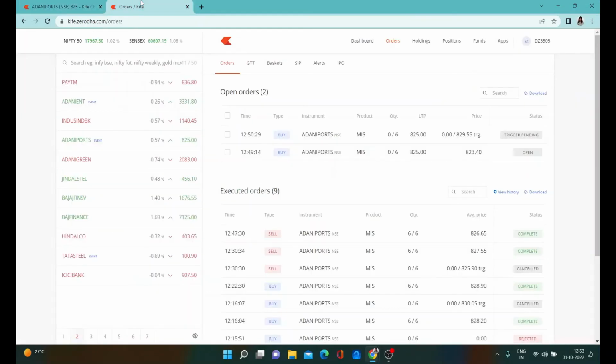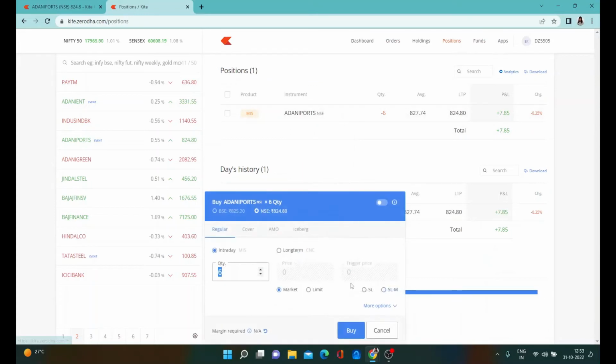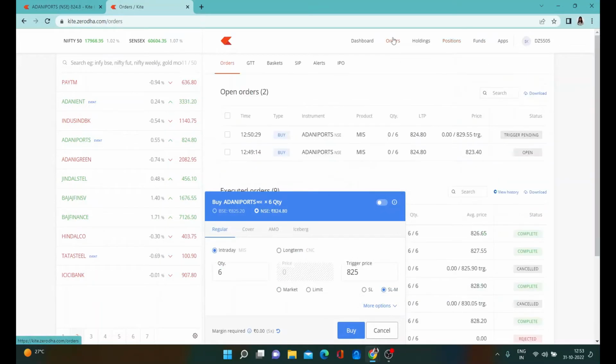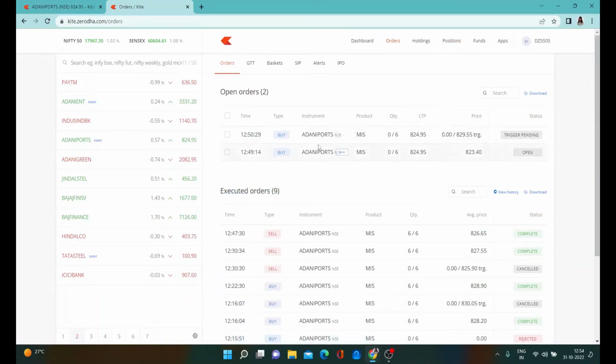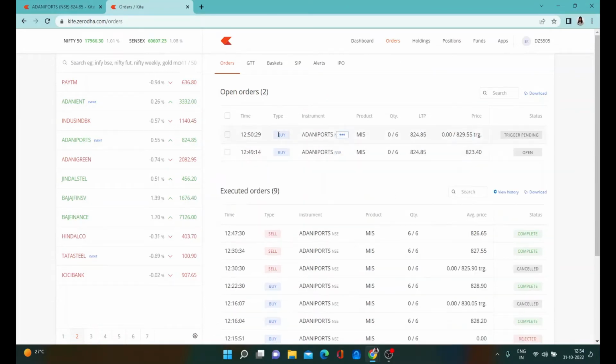Let me go ahead and set my stop loss. Alright, I've already placed my stop loss. The stop loss is 829.55. My target is 823.4.